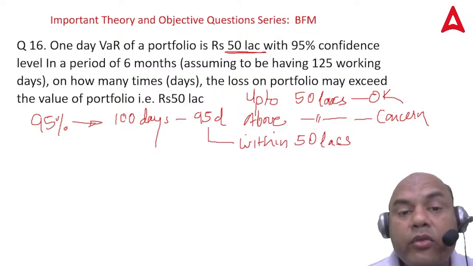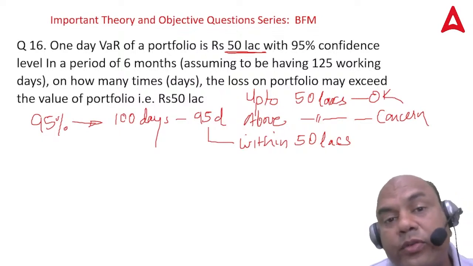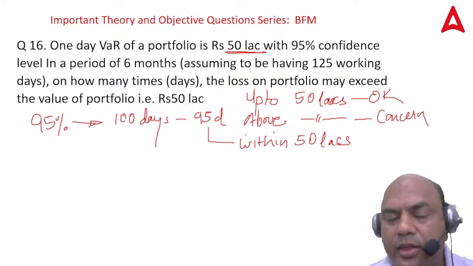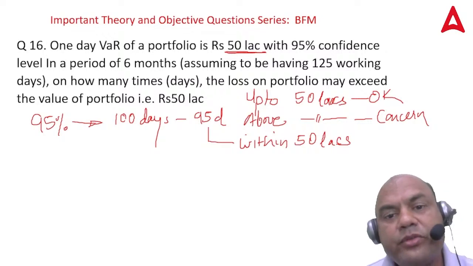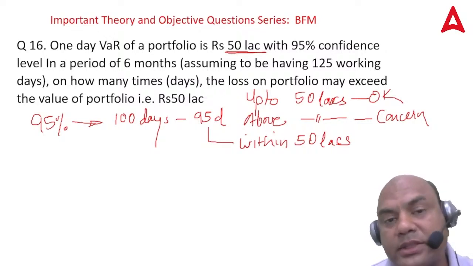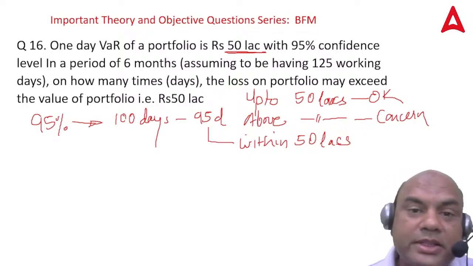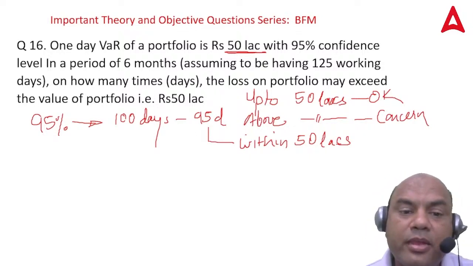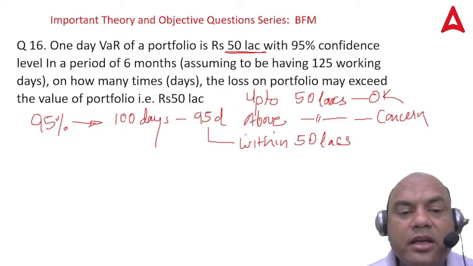So for how many days is it above 50 lakhs? If for 95 days it is within 50 lakhs, for how many days is it above 50 lakhs? Answer in the comment section. Simple. First standard maths. Out of 100, 95 are within 50 lakhs.